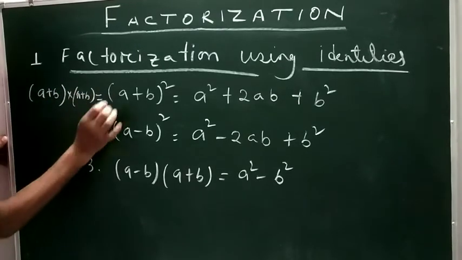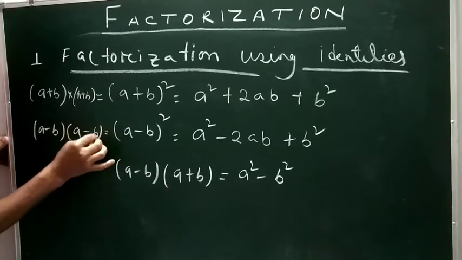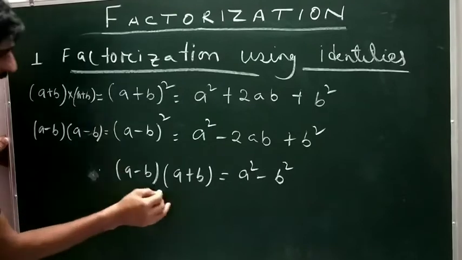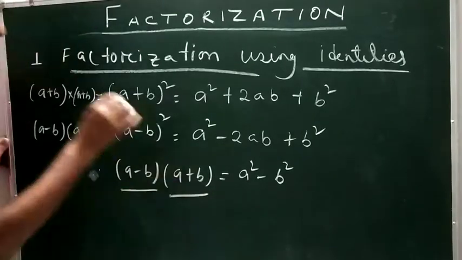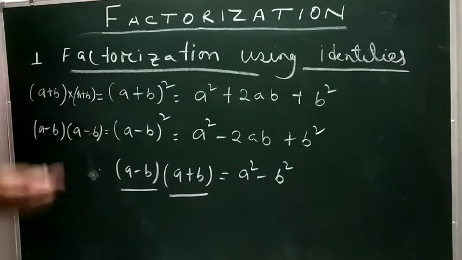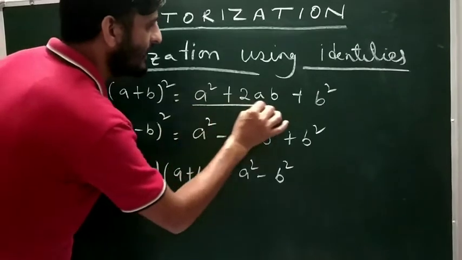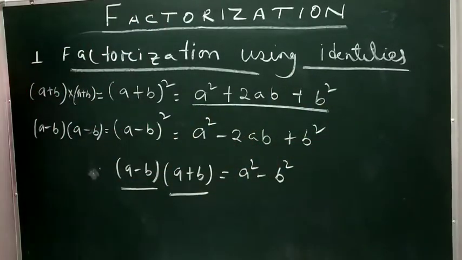Similarly, (a - b) whole square can be written as (a - b) multiplied with (a - b), and the third one is already in the form (a - b) multiplied with (a + b). That means it is in the form of factorization, the product of two terms expressed as an algebraic expression. So this is called factorization.